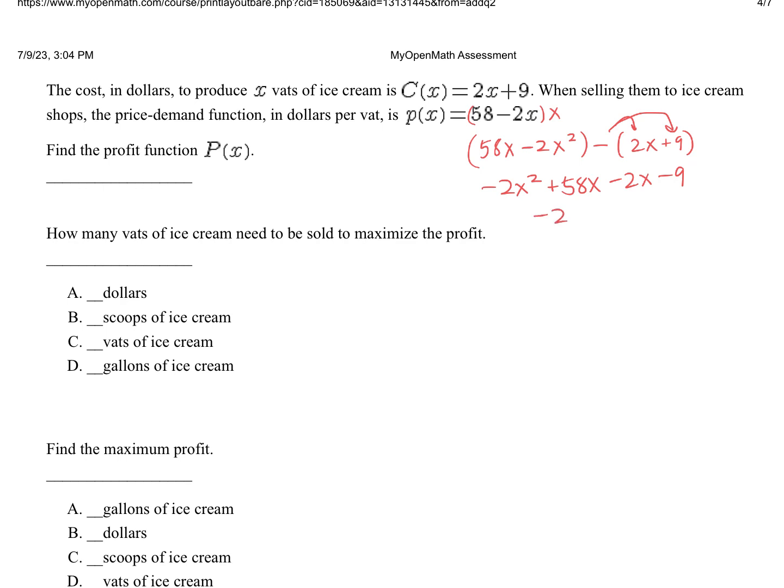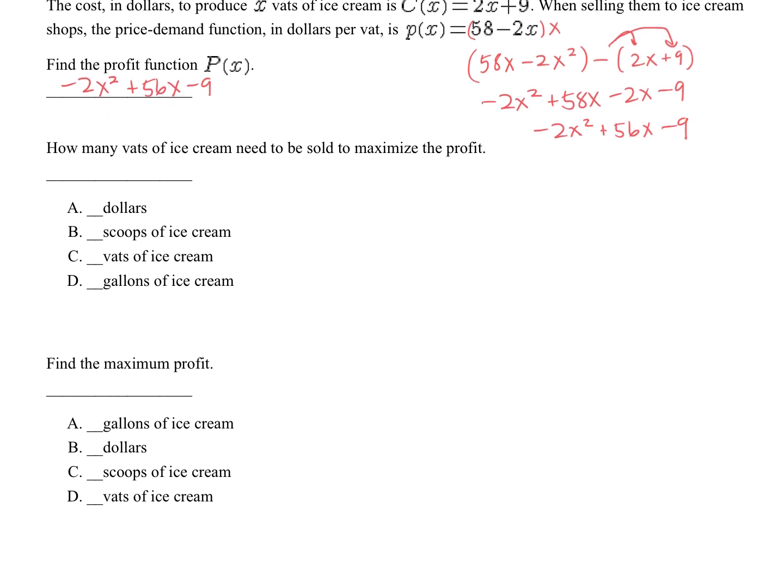So that's going to give us negative 2x squared plus 56x minus 9. So that's the profit function. Now they want to know how many vats of ice cream need to be sold to maximize the profit.